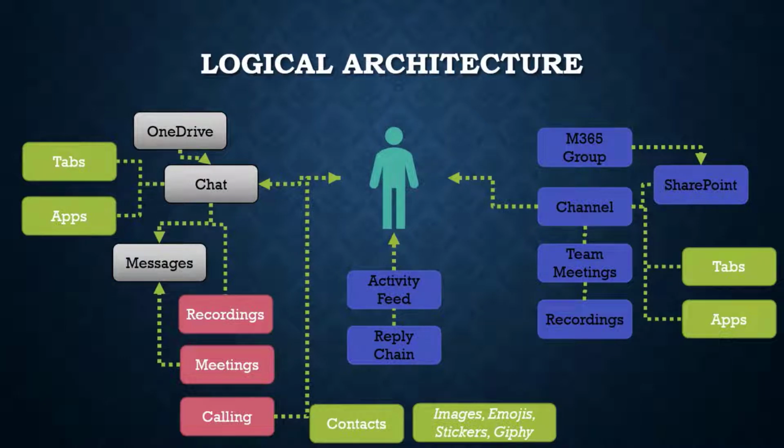If they're participating in posts in a Team, or if they're having a team meeting or a channel meeting and the recordings are going on there, they're interacting with files in SharePoint, and that's all part of their Microsoft 365 group resources. So if it's on the Teams side, not the chat side, then those files and everything like that are most likely going to be found inside SharePoint or in the group workspaces themselves.